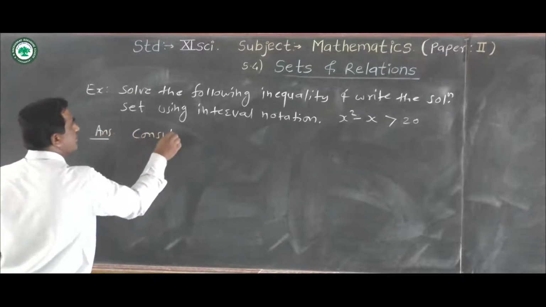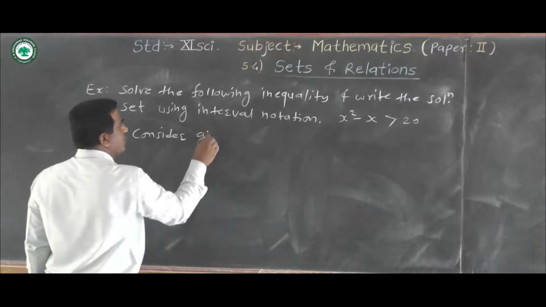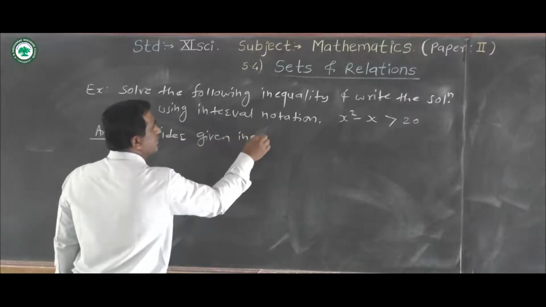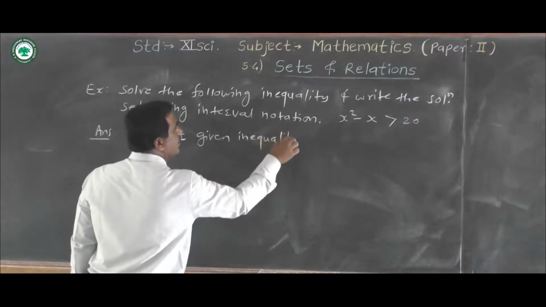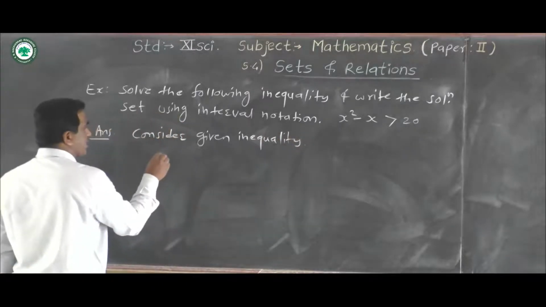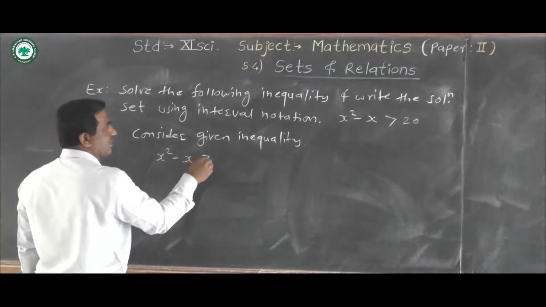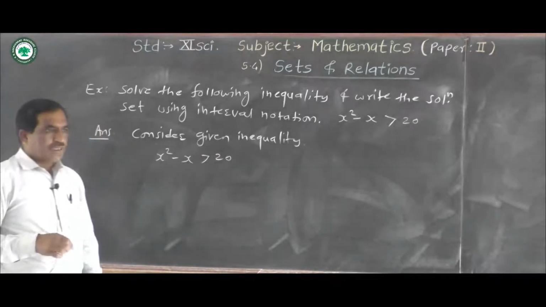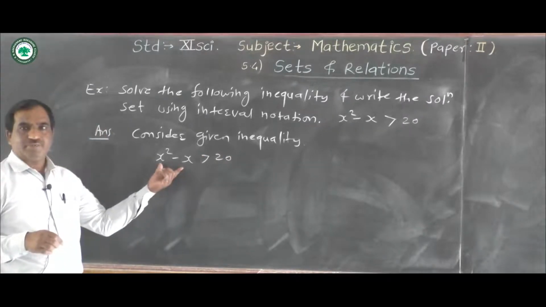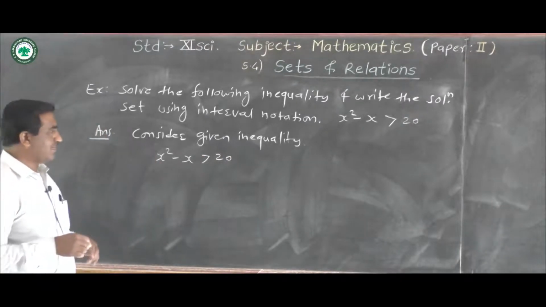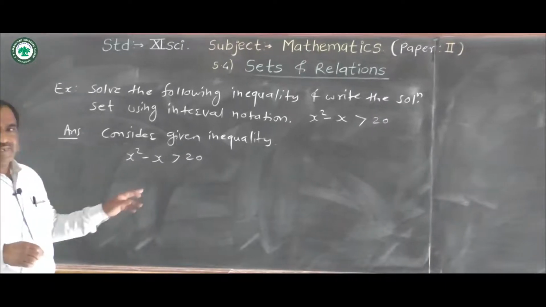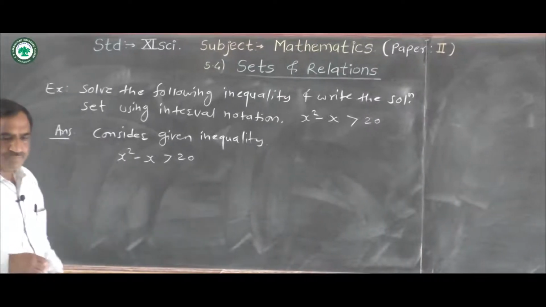Consider the given inequality, that is x square minus x greater than 20. Now we have to write this LHS in the form of a completing square. Therefore, we can add and subtract 1 upon 4 here.